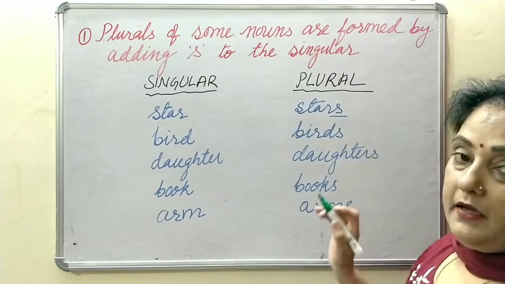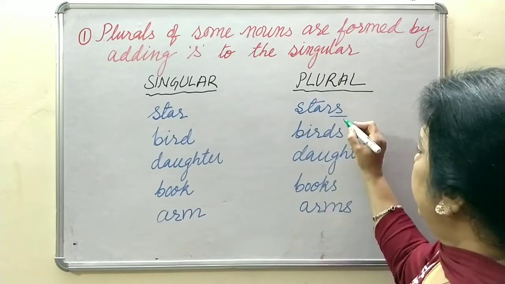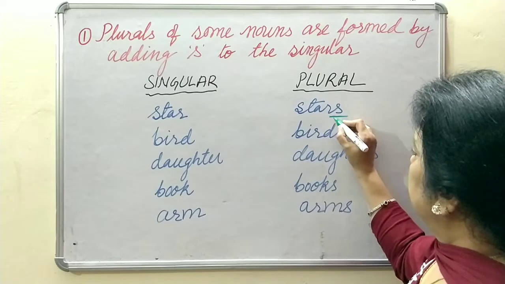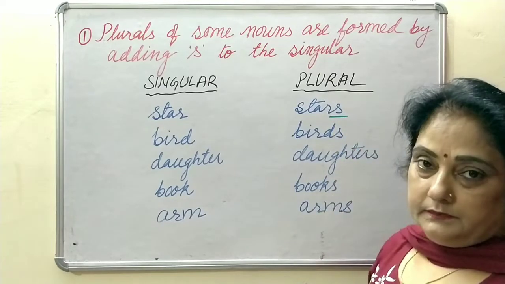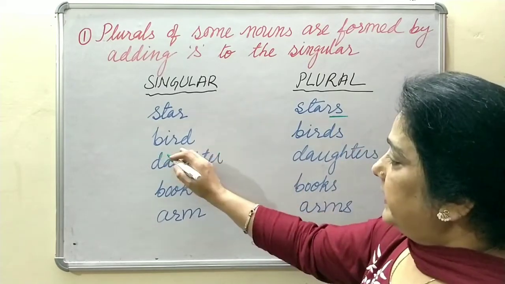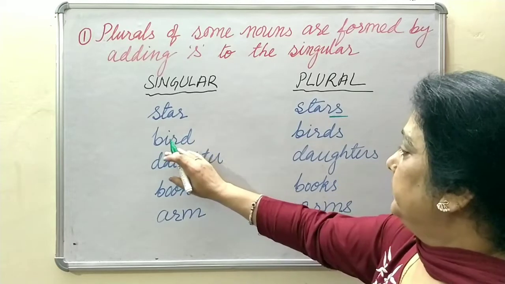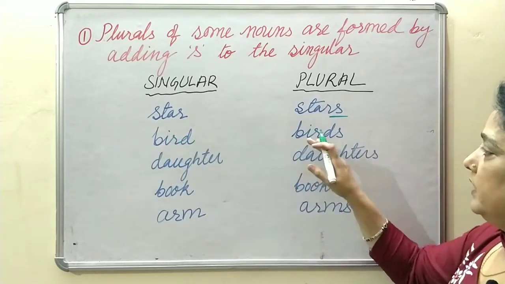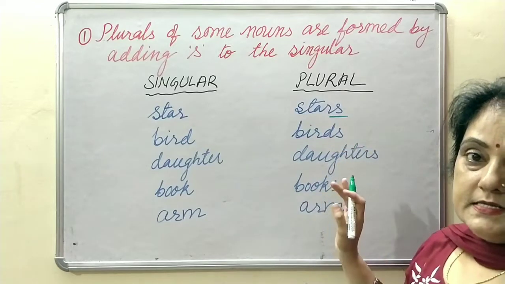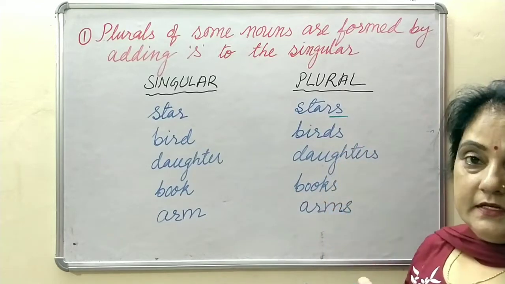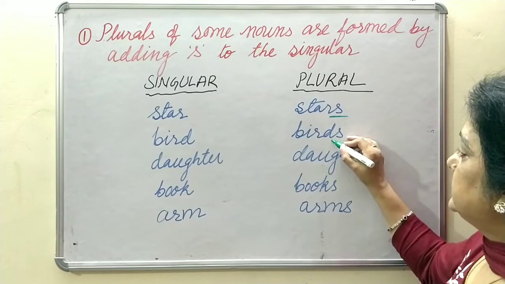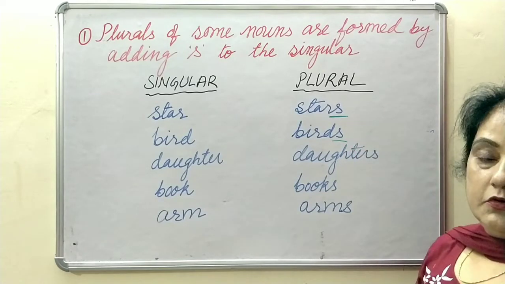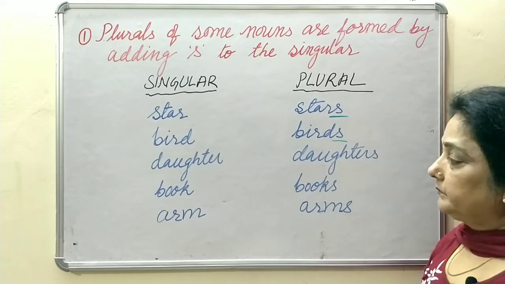So what we have done here, we have added S to it to form a plural. Second, bird. Bird is singular. Birds is plural. What we have done here also, we have added S to form a plural.